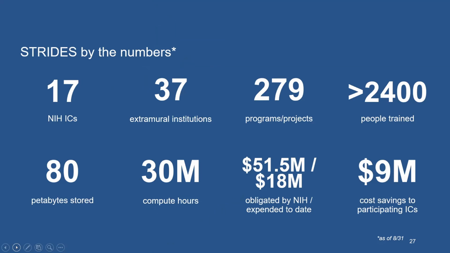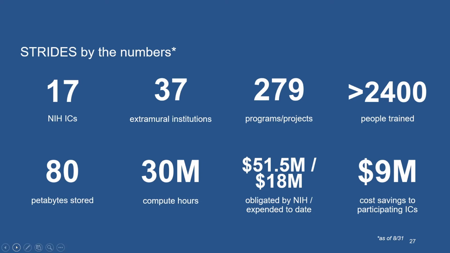We've put almost 280 projects and programs in the cloud. We've trained over 2,400 people, everyone from undergrads to very well-established, experienced biomedical researchers and PIs. We take our training to you, or at least we used to, but now we do it all virtually. We've stored 80 petabytes of data on Google and AWS together.